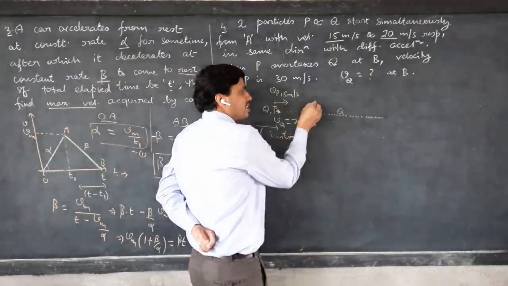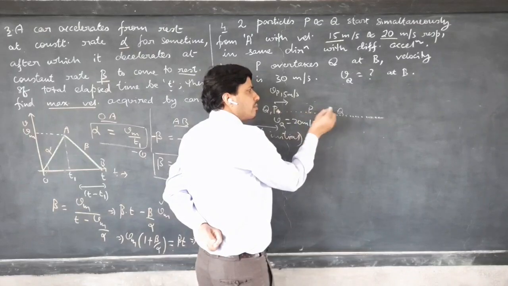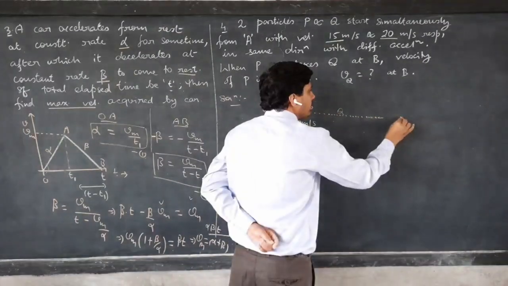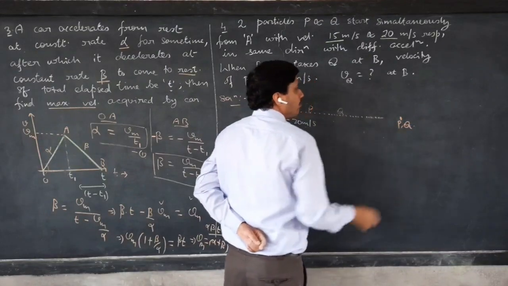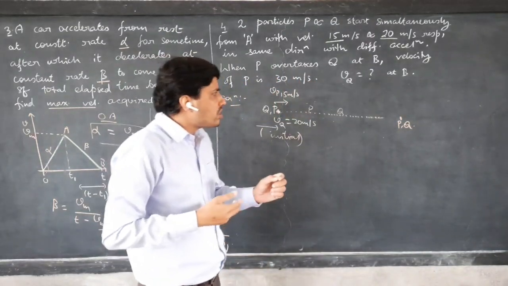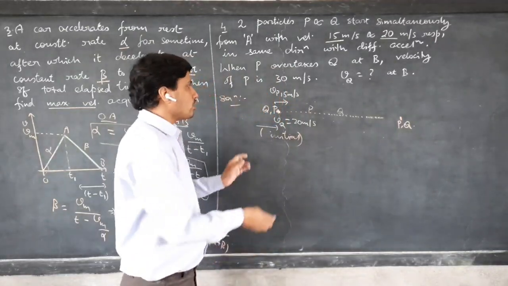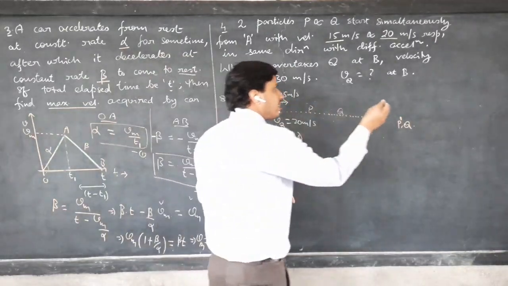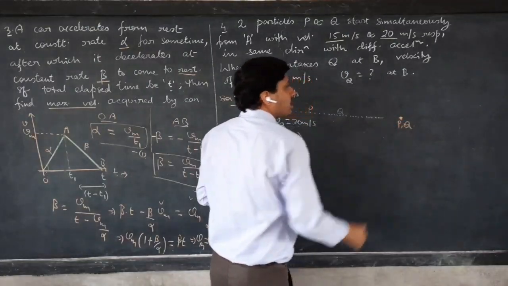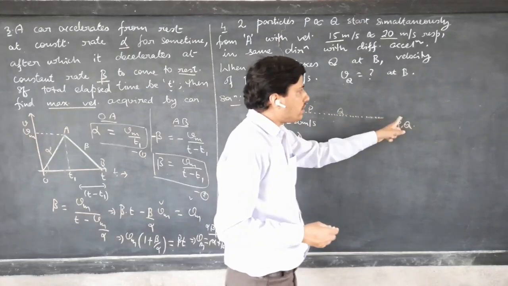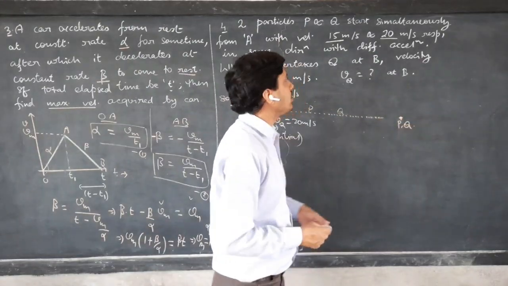Because P's acceleration is more, its velocity compared to Q will go on rising, and ultimately somewhere here they meet again. Just now at this location, P is about to overtake Q. They were together initially and together again when P tries to overtake Q. Initially P was lagging. Now after this point, P will be ahead of Q.